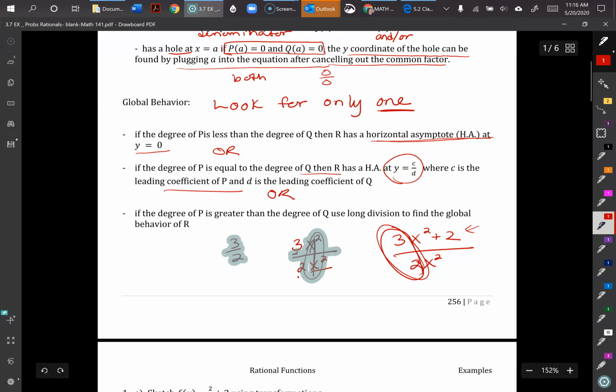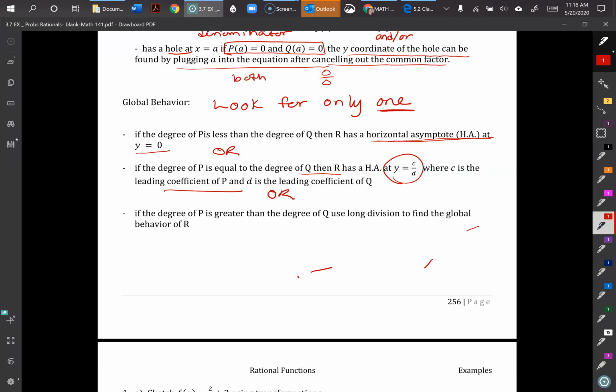The other situation that we might have is when the degree of P in the numerator is greater than the degree of Q in the denominator. Then we need to use long division, and we're going to get an expression left over, and that will be our slant asymptote. Now we are going to make this optional for this term, just because it's a very short term.